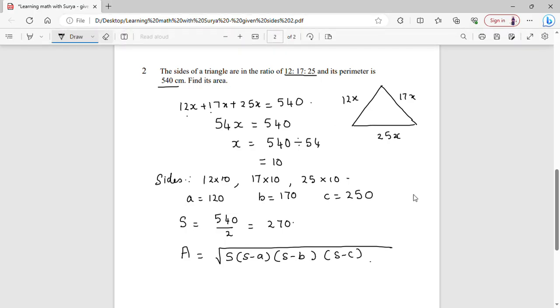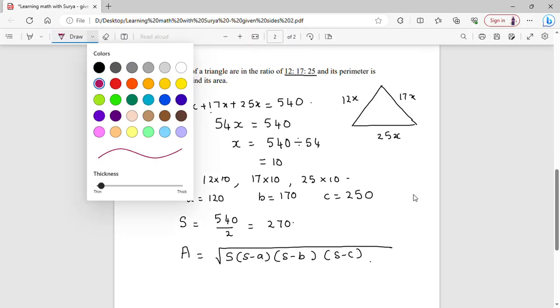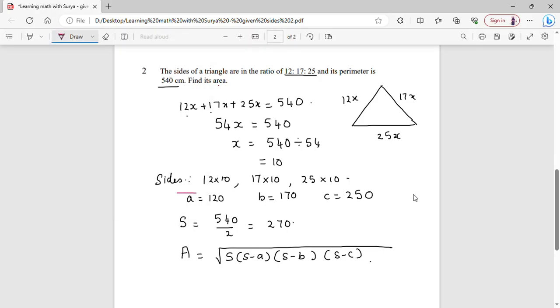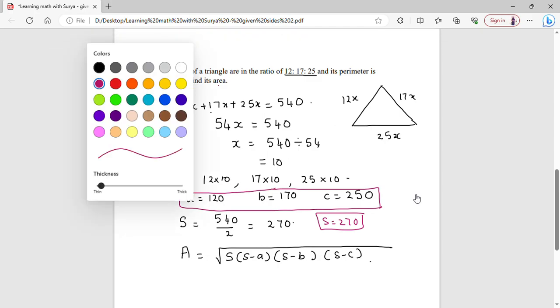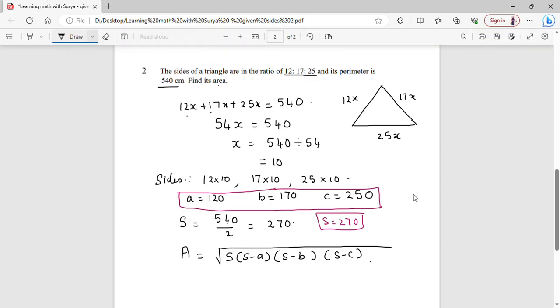Right? So let's see what we have got here. I've got this A is equal to this one. I have got my S is equal to 270. Now, I need to substitute correctly the values in the formula.